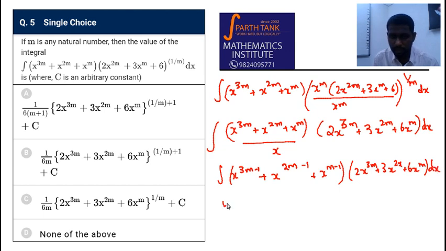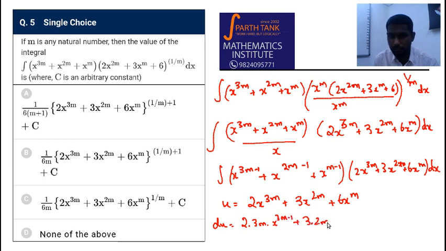Now if I take u as 2x to the power 3m plus 3x to the power 2m plus 6x to the power m, then du, when I differentiate this, I get 2 into 3m x raised to the power 3m minus 1 plus 3 into 2m x raised to the power 2m minus 1 plus 6 into m into x raised to m minus 1.